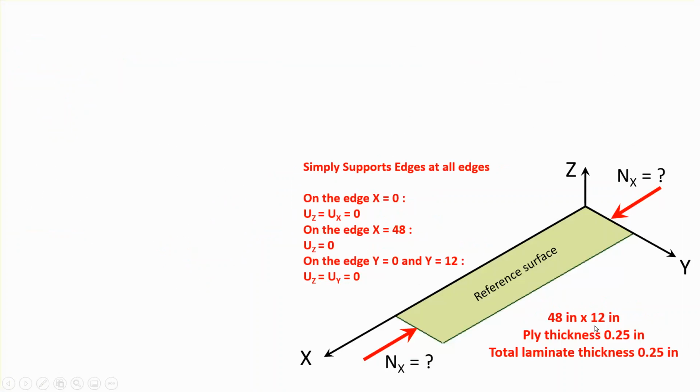Okay, so the geometry under consideration is very simple. It is this strip, which is 48 inches by 12 inches, and it's made of a single carbon epoxy ply, which is of thickness 0.25 inches.